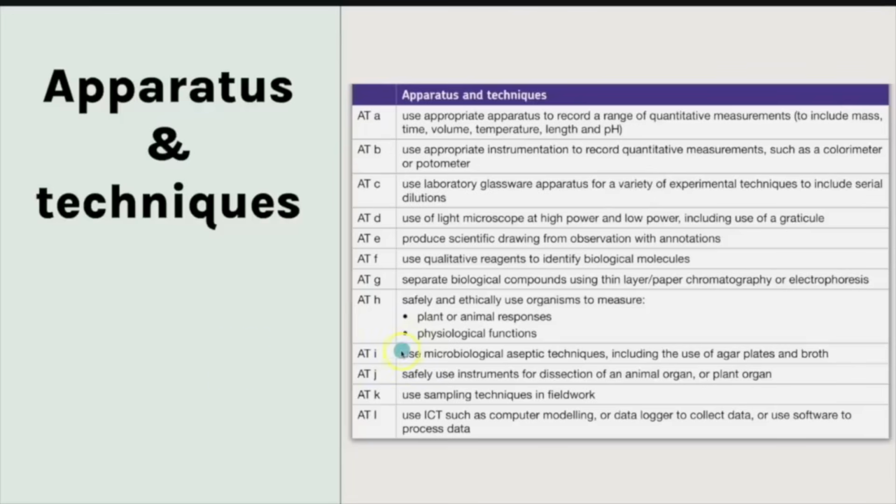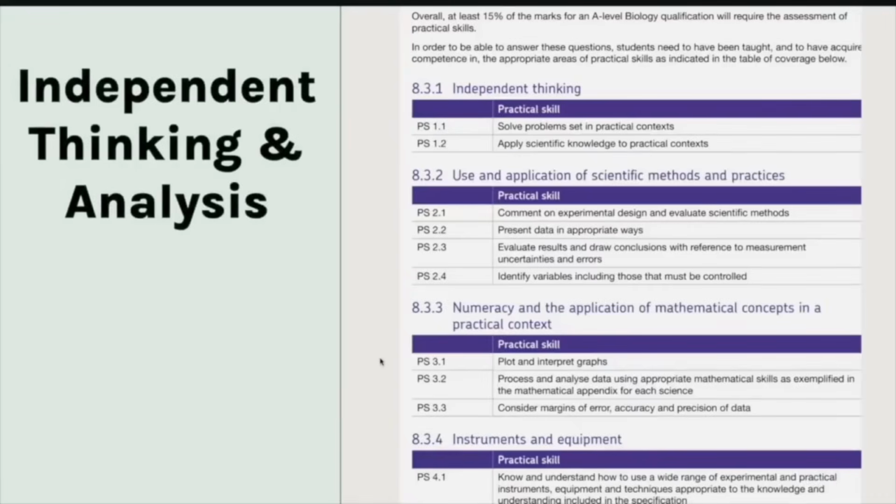And the other one is I, use of microbiological aseptic techniques to grow agar plates and broth. So you need to learn what we mean by aseptic techniques, learn some examples, and those would be the two key things to really focus on for that required practical. So that's how you use those two tables together.